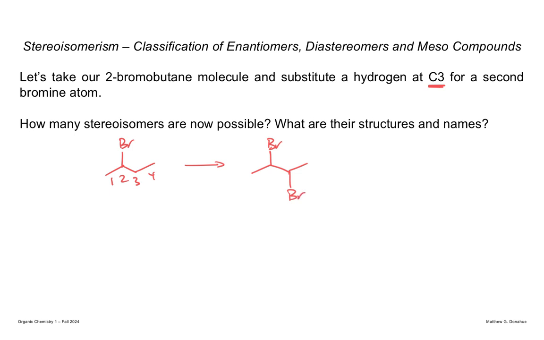And so the parent name of this would be 2,3-dibromobutane. And so C2 and C3 are both stereogenic.